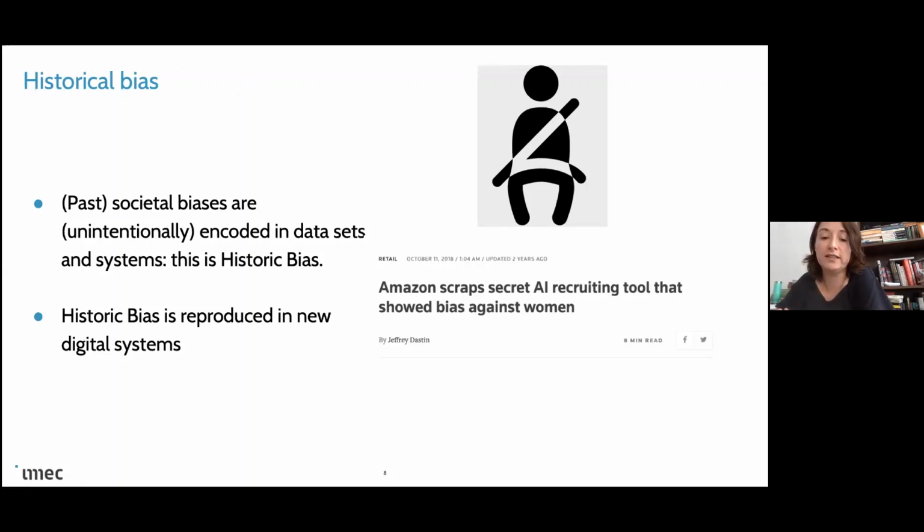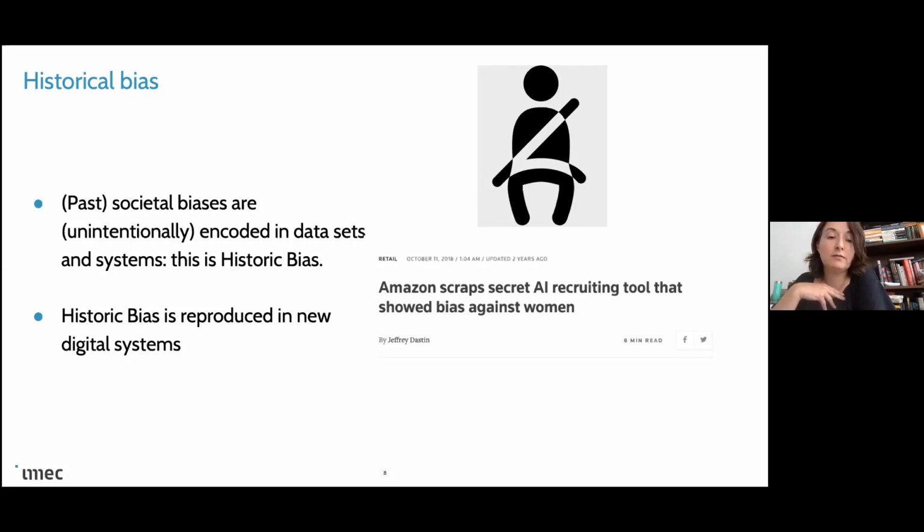That can be seen in, for example, the Amazon case, where an AI recruiting tool showed bias against women because of historical data, or it can actually be non-digital, in the case of safety in cars, because cars used to be tested on male dummies of a certain weight and a certain height.